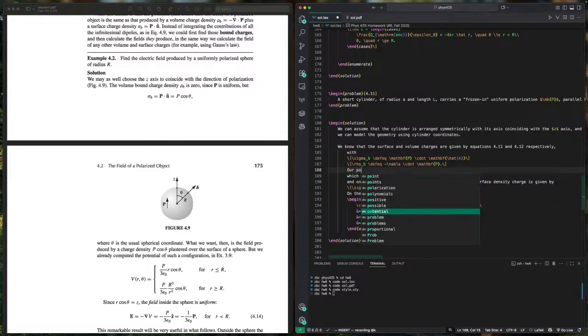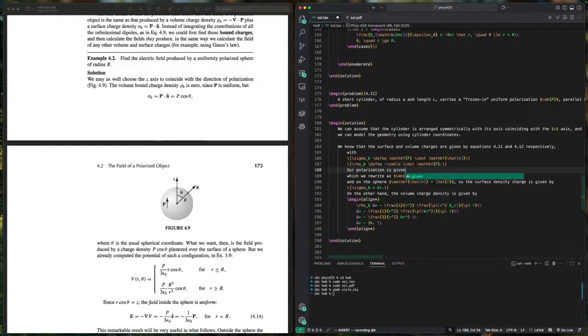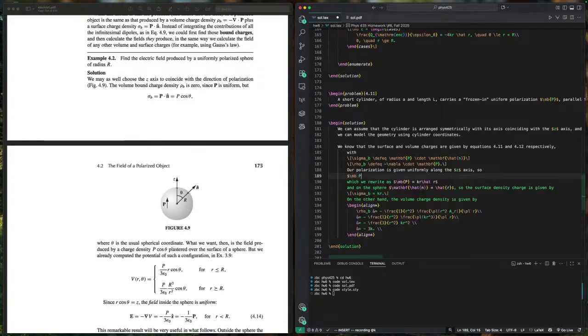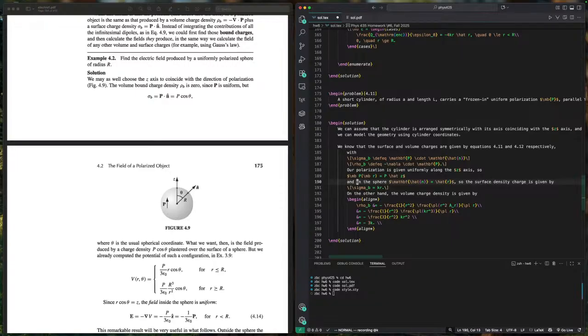Our polarization is given uniform along the z-axis, so equal to P z hat. Radial surface of the sphere.